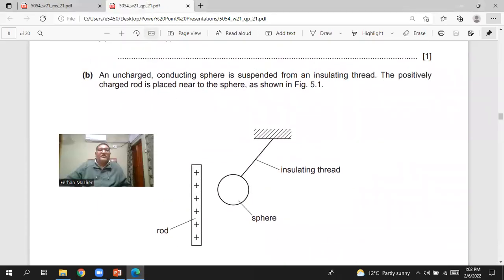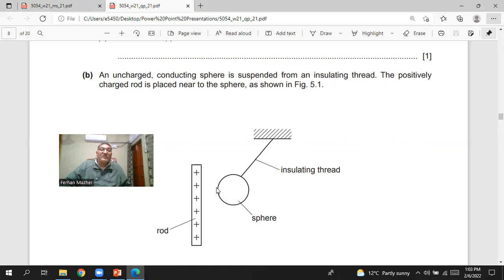Here we have the next question. An uncharged conducting sphere is suspended from an insulating thread. The positively charged rod is placed near to the sphere as shown in figure 5.1. So here you have a metallic sphere and here you have a positively charged rod. What will happen? The electrons here will be disturbed.